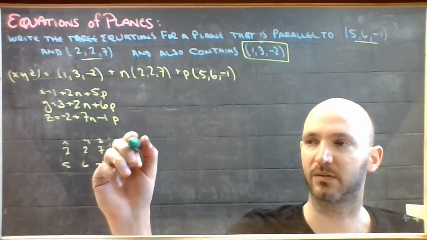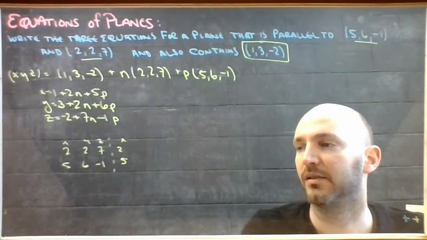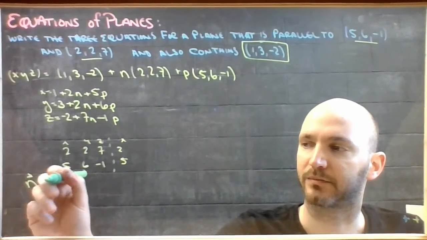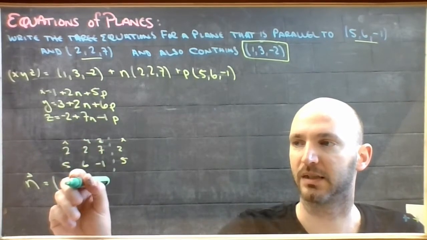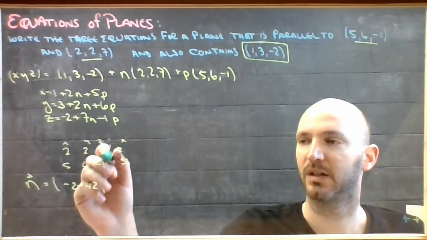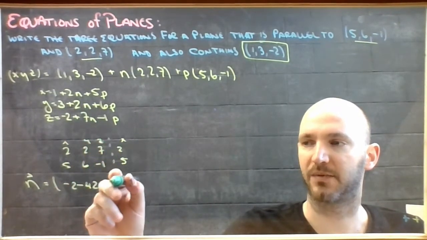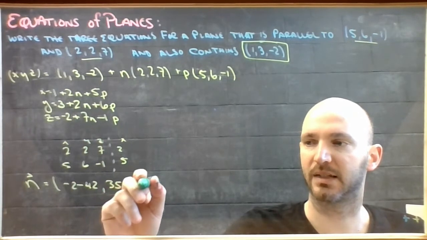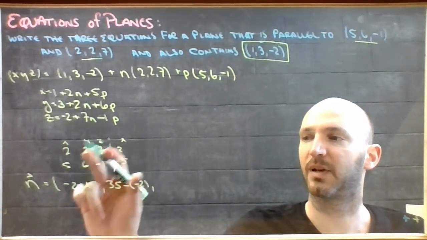Copy the x coordinates for convenience. So my normal vector will be 2 times -1 is -2 minus 7 times 6, which is 42. My y coordinates will be 7 times 5, which is 35, minus -2. And my z coordinates will be 12 minus 10.